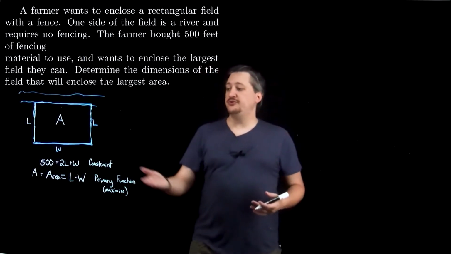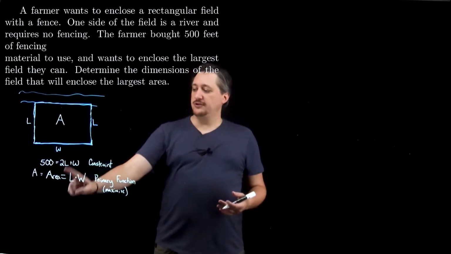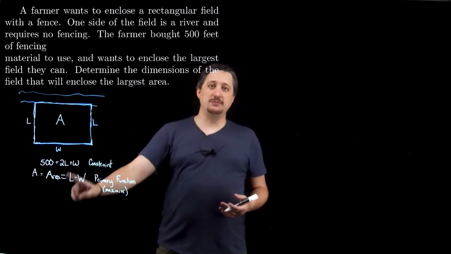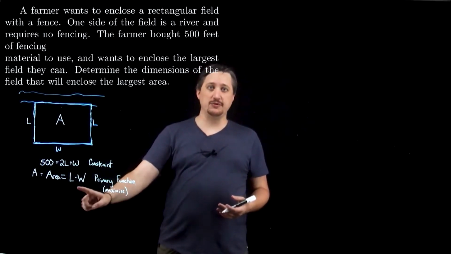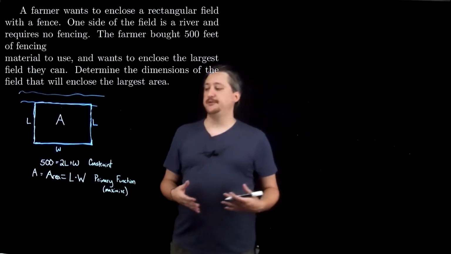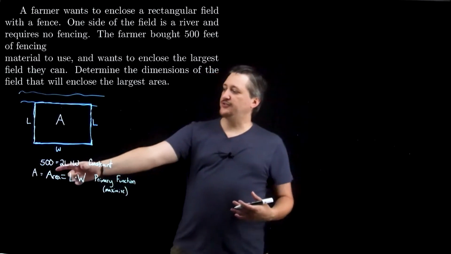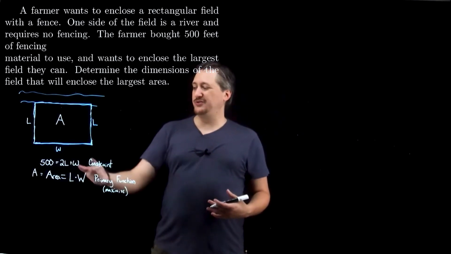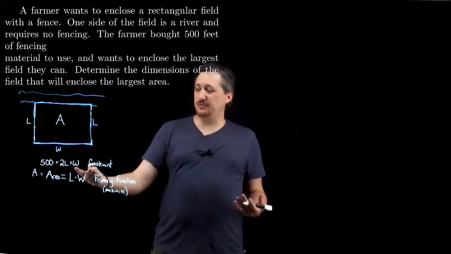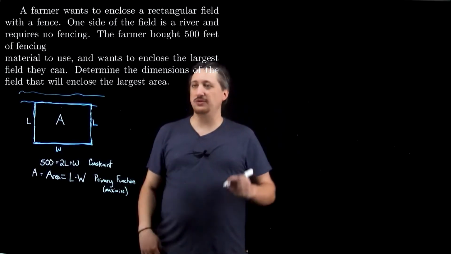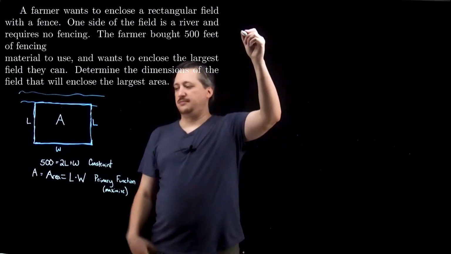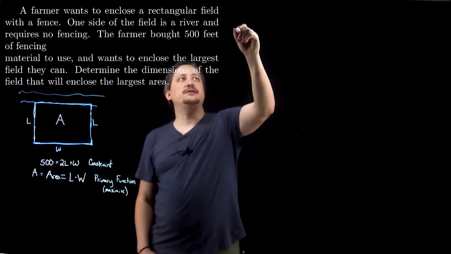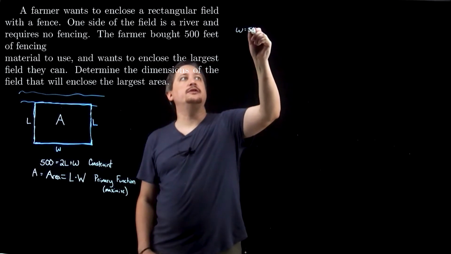So what I'm going to do is use the constraint equation to drop down the number of variables to one, so that then I can use my calculus. I could solve for L or W; either one would be fine. W is a little easier because I wouldn't have to divide anything, so I'm just going to move the 2L over. That gets me that W is 500 minus 2L.